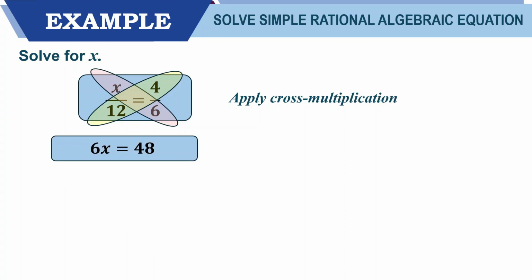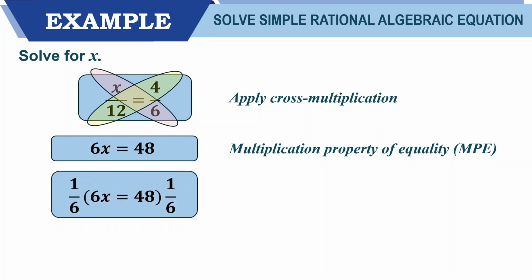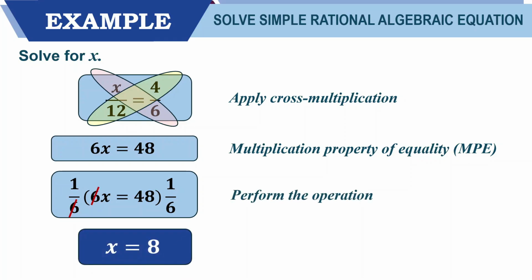x times 6 equals 6x, and 12 times 4 equals 48. Now, using the multiplication property of equality, this is what we will obtain. 1 over 6 times 6x equals 48 will give us x equals 8. Because remember, this is just like working backwards.